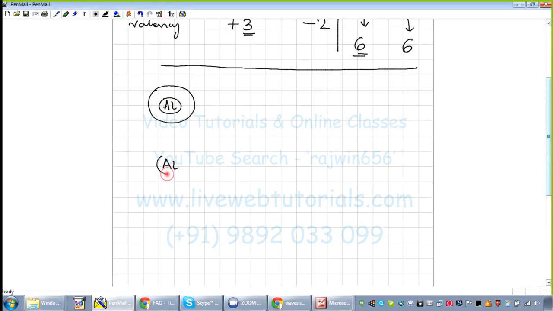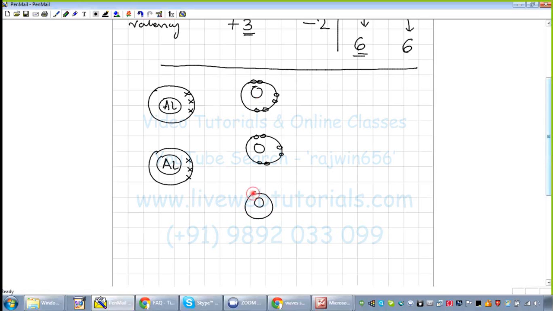2 aluminium atoms, 3 electrons each in the outermost orbit, 3 oxygen atoms, this is your second oxygen atom, and your third oxygen atom. 2 electrons will go here, 2 electrons will go here, and these 2 electrons will go here.